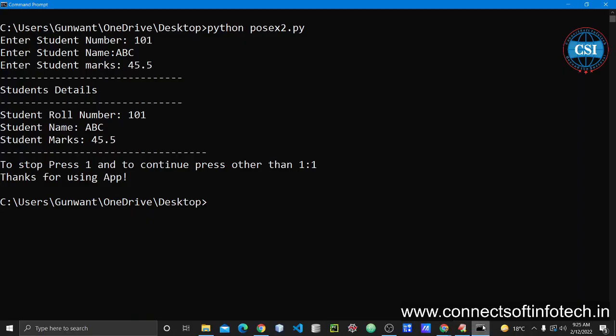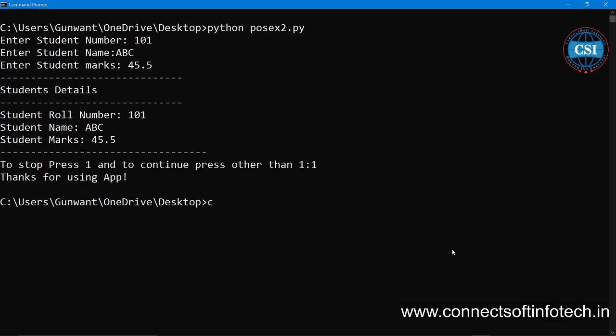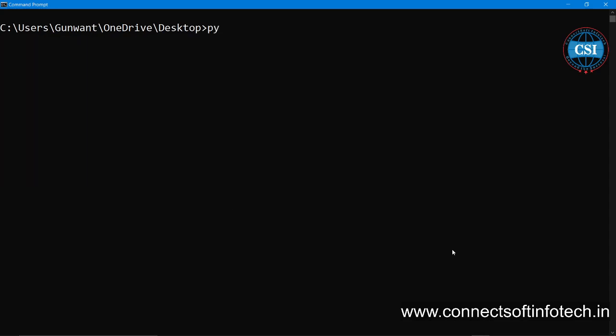Default para x1.py. Okay, enter the radius for calculating the area of circle.